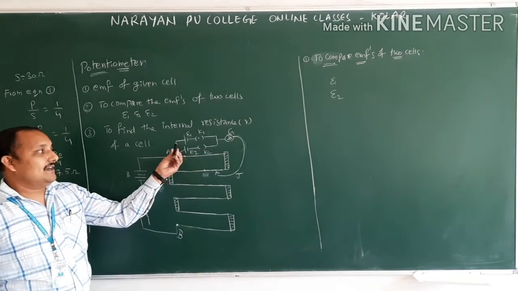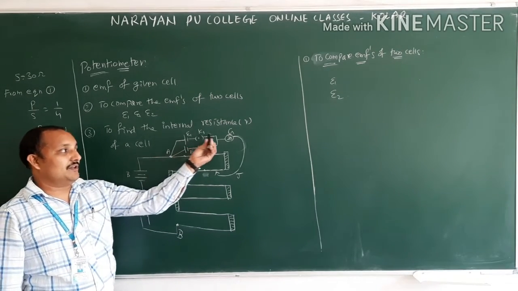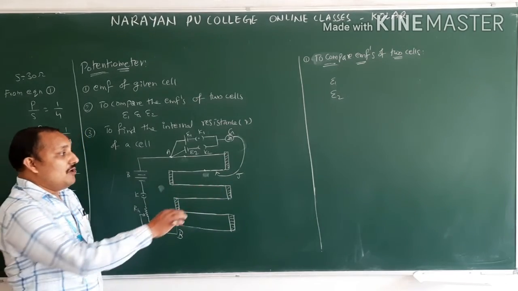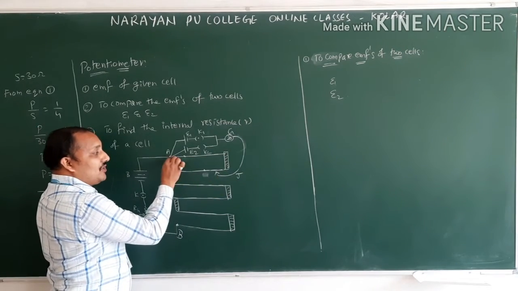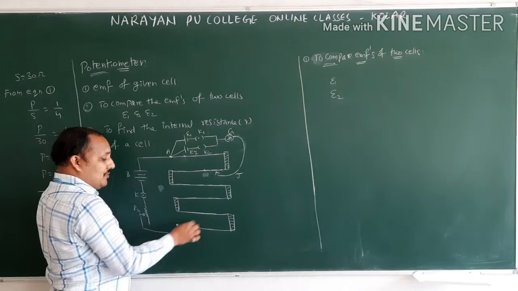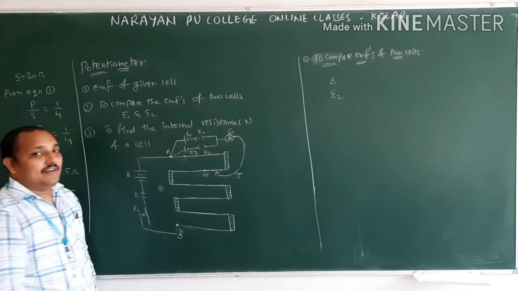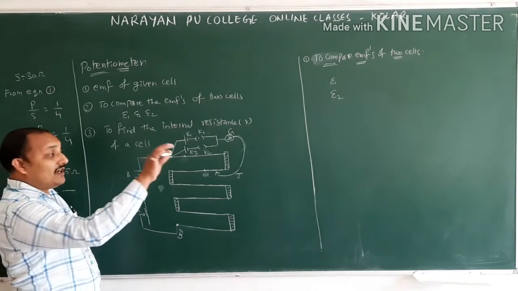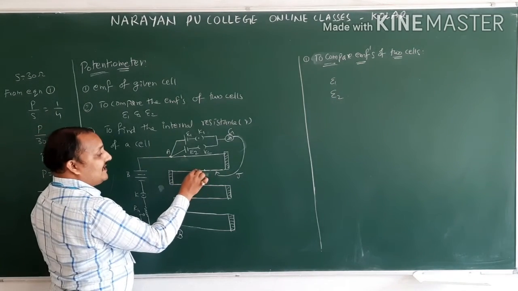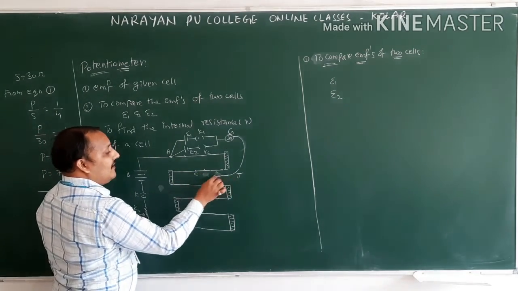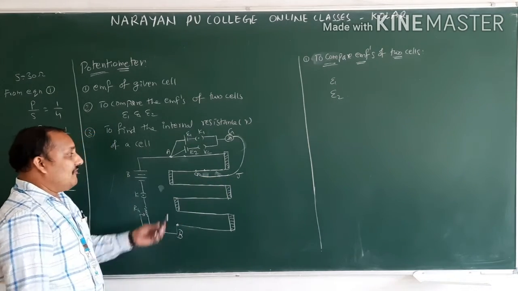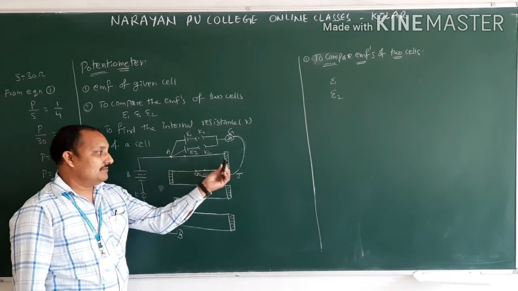Whenever we close it, current passes through this circuit also. Now move the jockey on the potentiometer wire from A to B. Somewhere you will get null deflection in the galvanometer. Let us assume at point C you got null deflection. Then find the length from A to C.